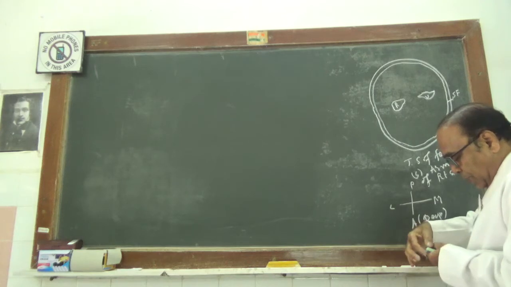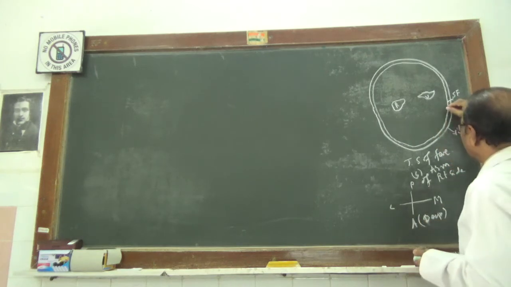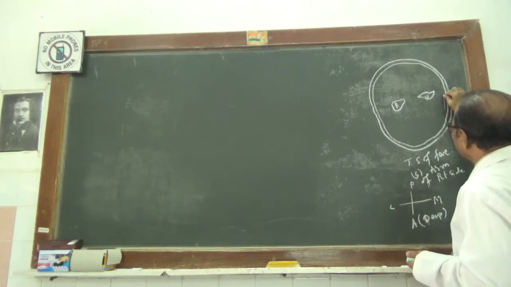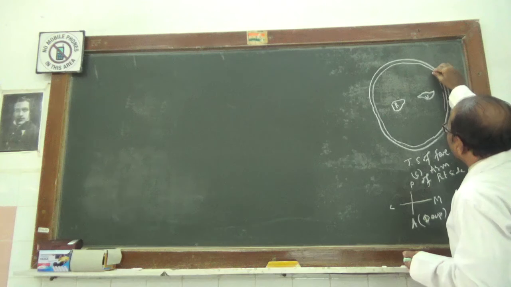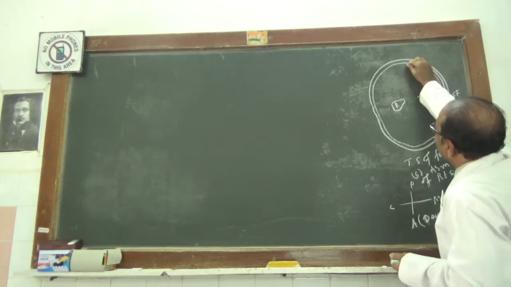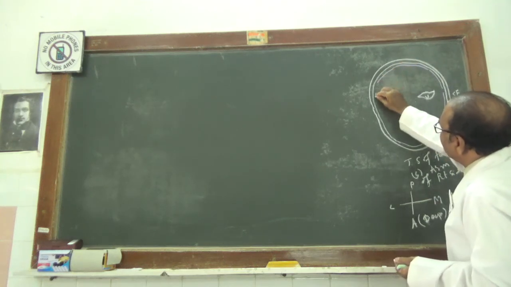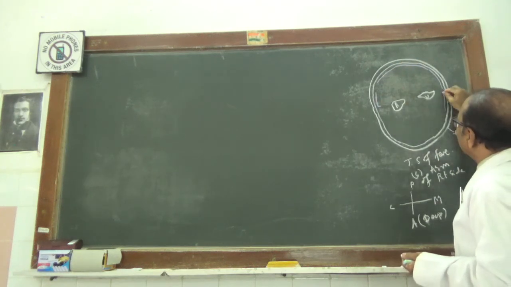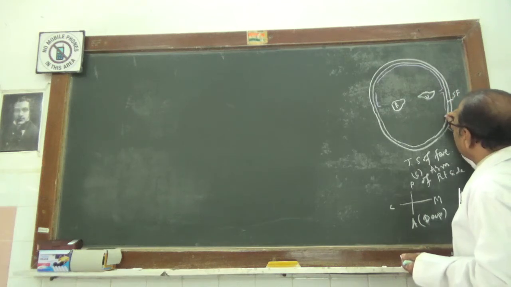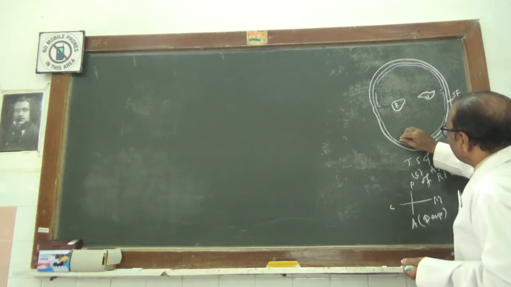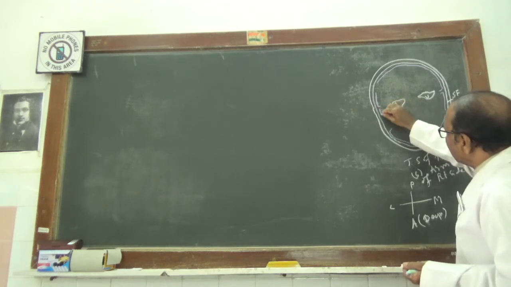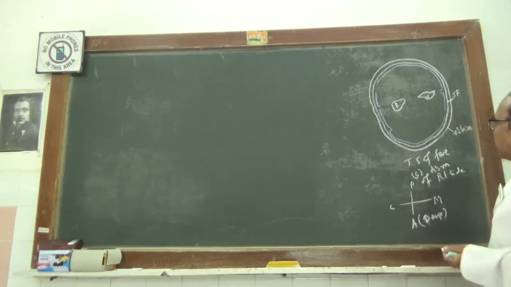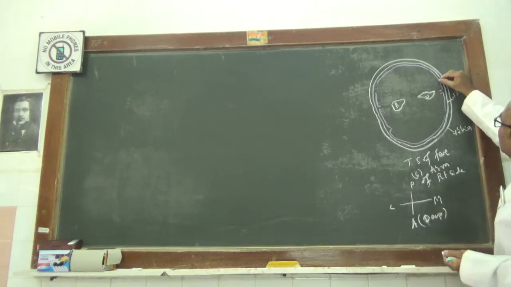I will mark the deep fascia with purple. So it will be there like this. This is called the deep fascia.